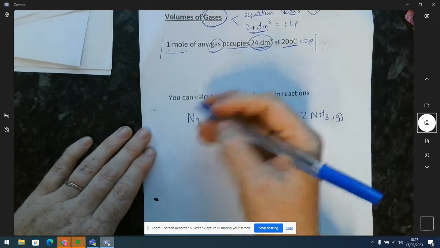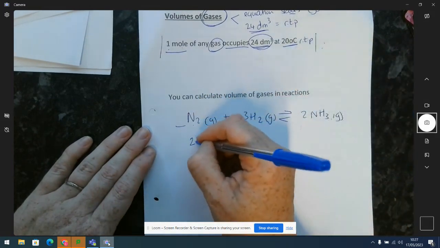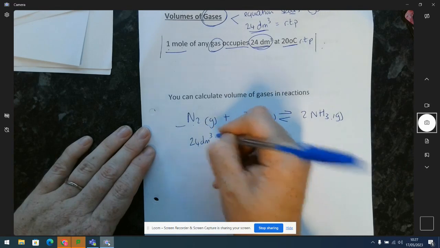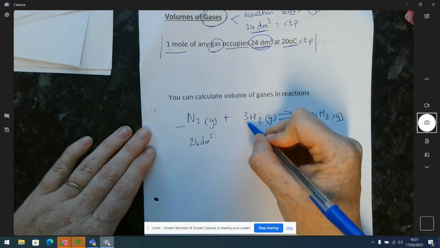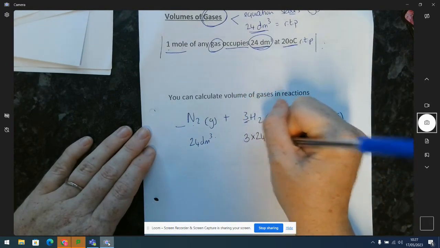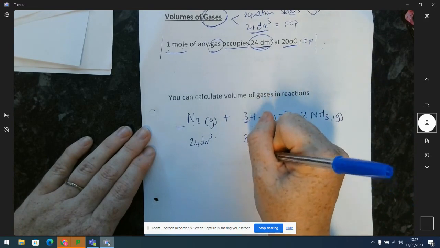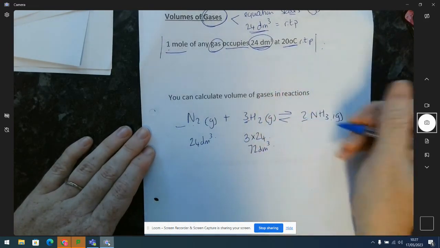So nitrogen, for example, I've got 1 mole because there's no number in front of that. So I know I must have 24 decimeters cubed of that gas. Hydrogen, I've got 3 moles of hydrogen there. So I would do 3 times 24, which is going to give me a volume of 72 decimeters cubed. And ammonia, I've got 2.